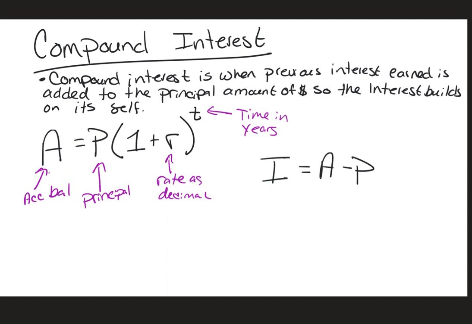If I want to find the interest, I have to take the account balance and subtract the principal, so the original amount. That's how I figure out the interest using compound interest. So let's look at an example.